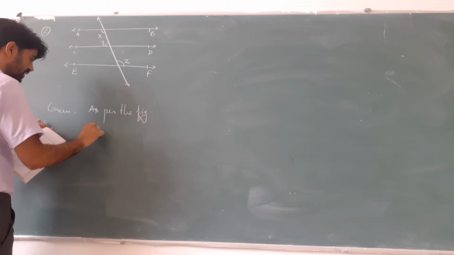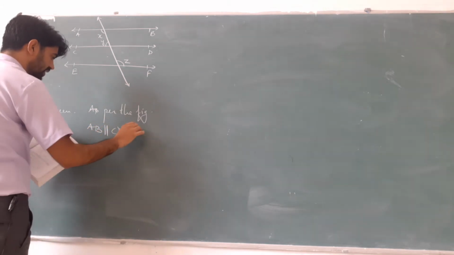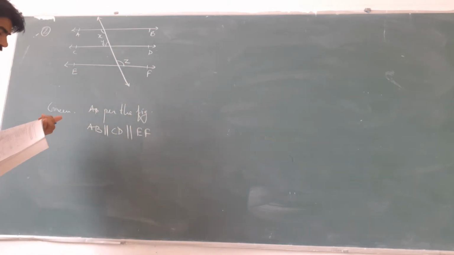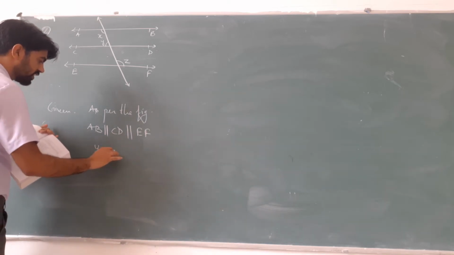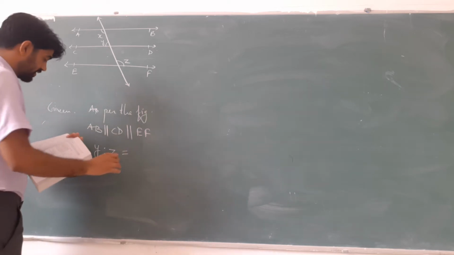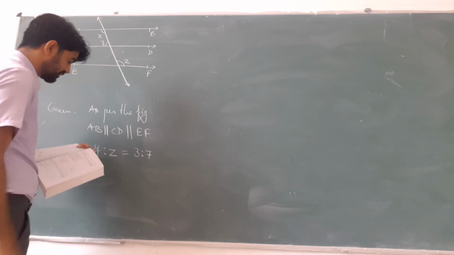AB is parallel to CD and CD is parallel to EF. It means all 3 are parallel. Then we have Y is to Z equal to 3 is to 7.